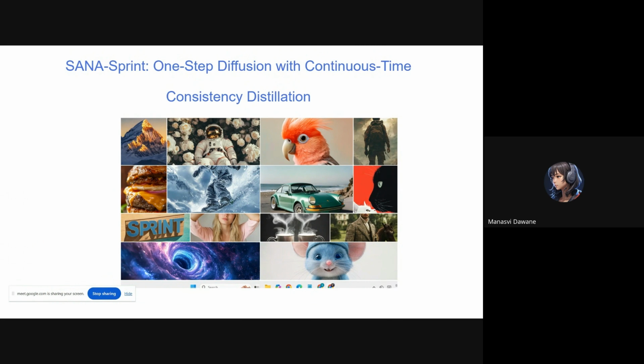Why there was a need for Sana Sprint is that there are like 20 to 40 steps per image to generate an image. Each step equals one full neural network pass. So they thought of how do we collapse these 20 steps or 40 steps into one step. That's what is there in Sana Sprint.